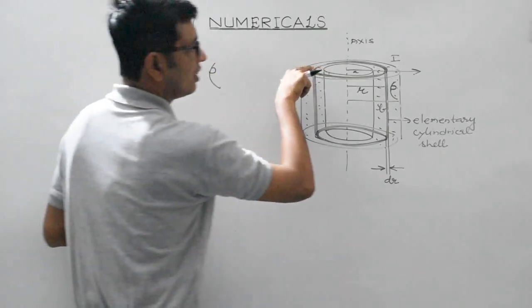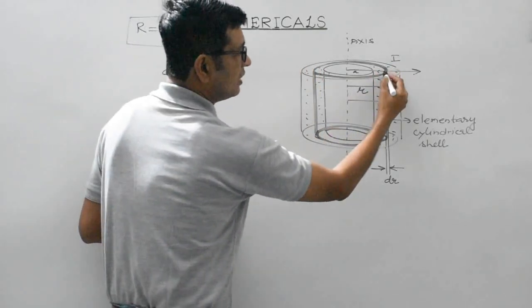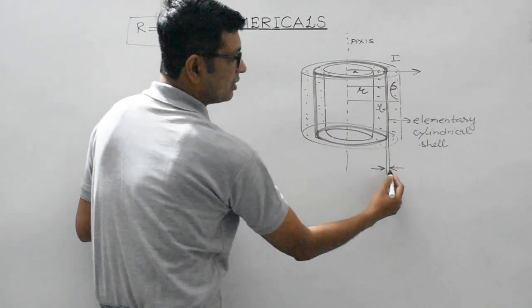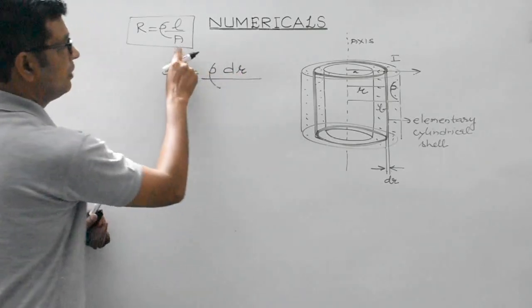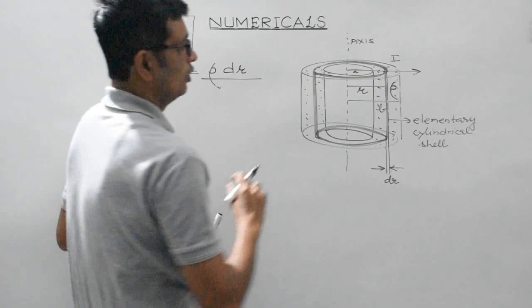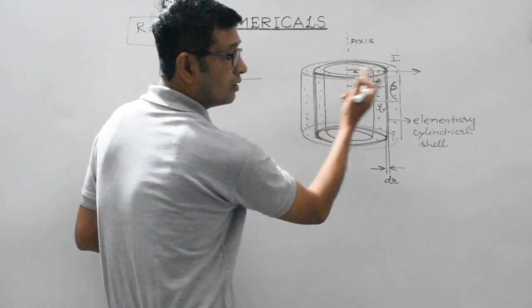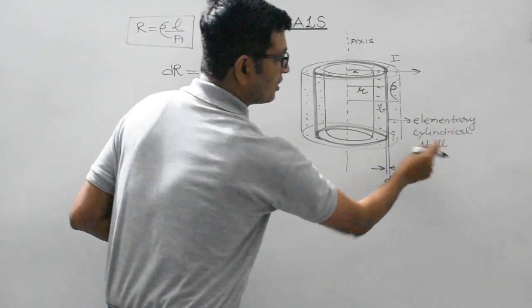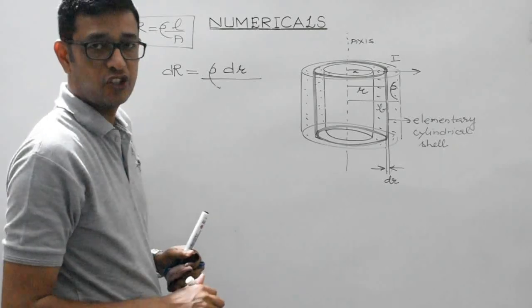So the small resistance offered by this elementary cylindrical shell would be dR is equal to rho. What is the length? Current is flowing radially outward or radially inward, so the length would be this portion, that is the thickness of the elementary cylindrical shell, which is dr, divided by area. Through what area can the current flow? The curved surface area of this elementary cylindrical shell. And the curved surface area of a cylinder is 2 pi r h, isn't it?